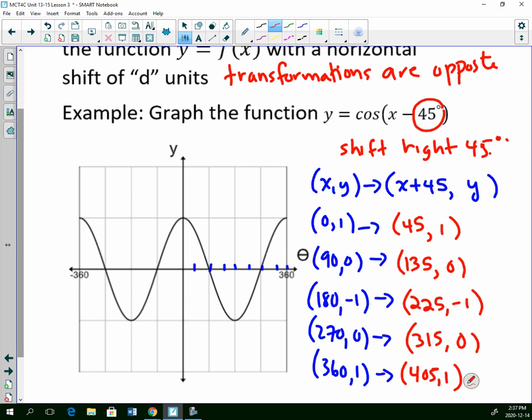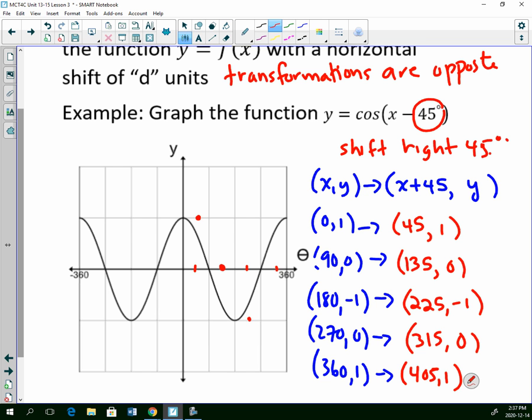And the nice thing about mapping notation is I can see the numbers I need to put on my axes. So I know that I need to divide these up even further because I have to plot every 45 degrees. So this point 0, 1 is now shifted to the right 45 degrees, and it's still at 1. This point at 90 is shifted right 45 degrees, and so on.